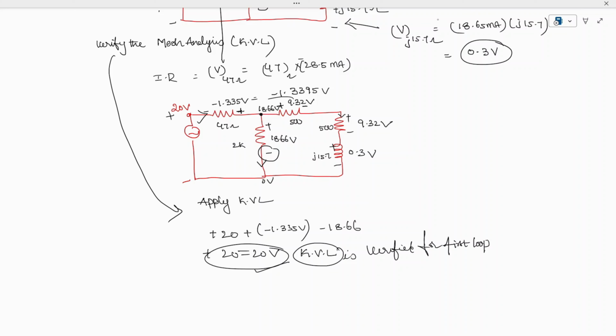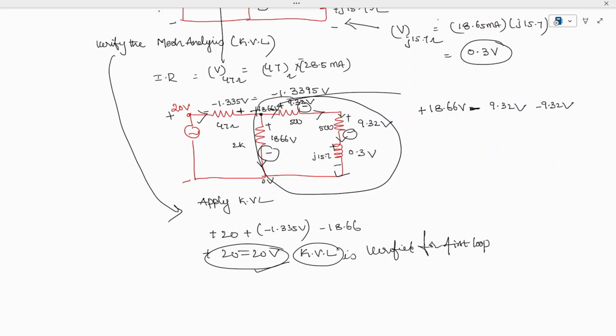And coming to this loop, so current is leaving, what is the voltage at this point, the voltage source is 18.66 volts. So current is leaving, what is the leaving terminal, here we have minus 9.32 volts, current is leaving, we have minus 9.32 volts, current is leaving, we have minus 0.3 volts is equal to 0.